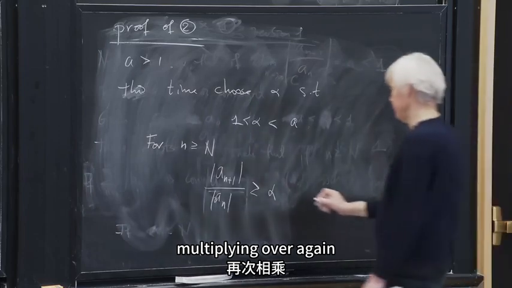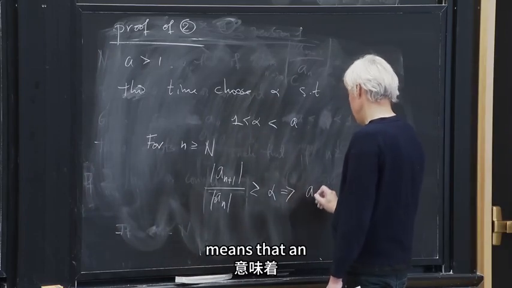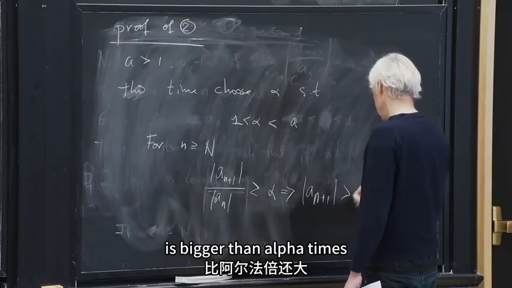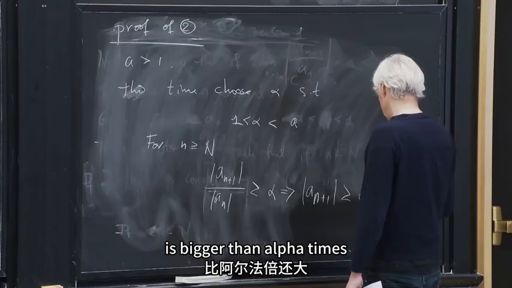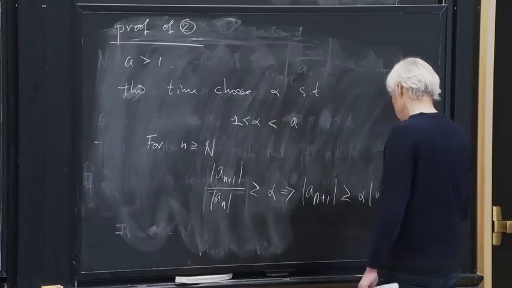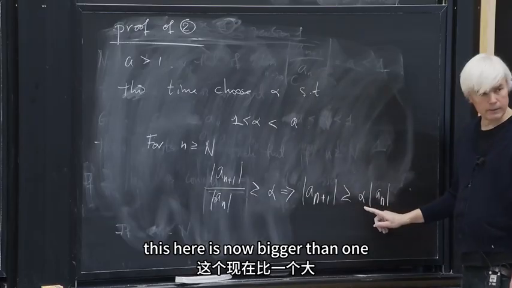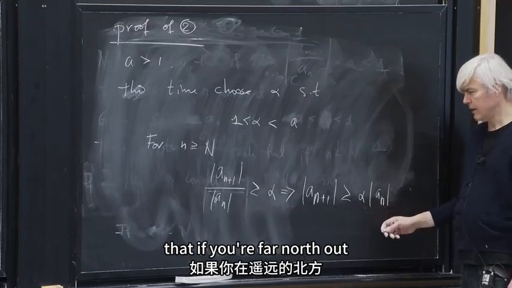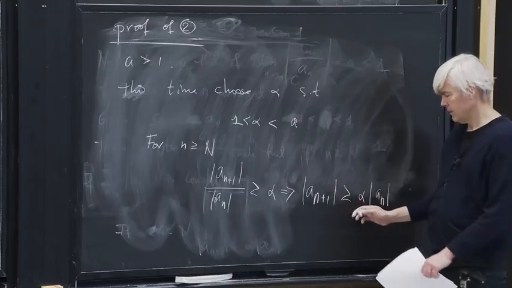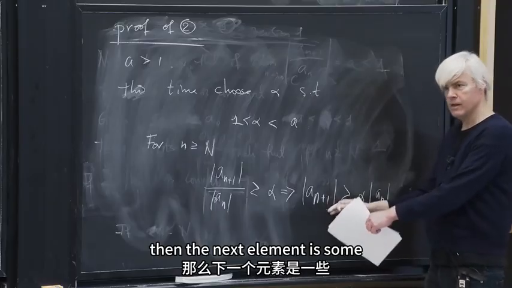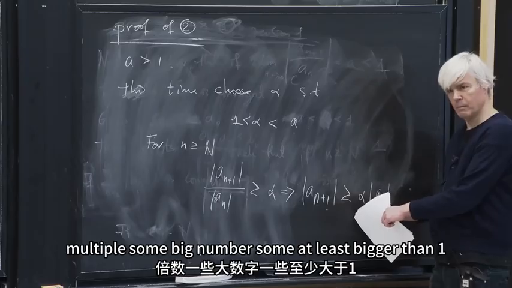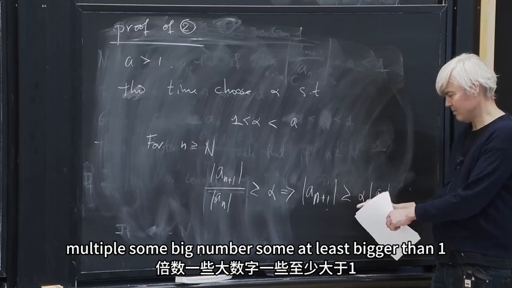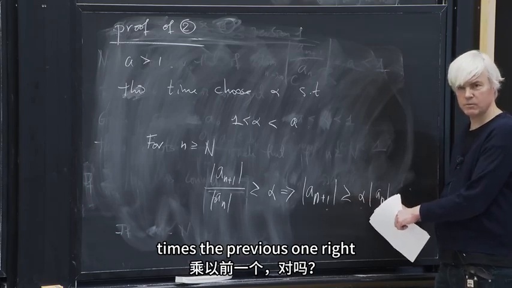Multiplying over again means that a_{n+1} is bigger than alpha times a_n. This here is now bigger than 1. And so in the same way as before, if you're far enough out, then the next element is some big number, at least bigger than 1, times the previous one, right?